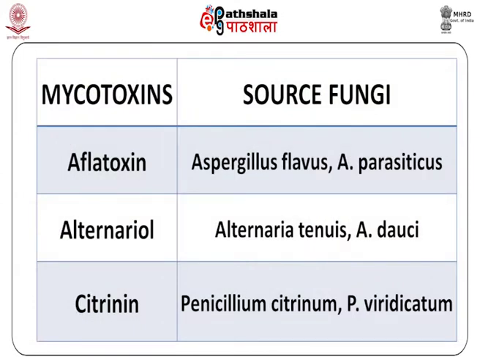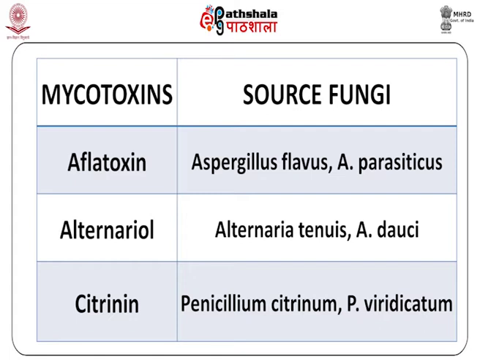In this table, we have shown some of the naturally occurring mycotoxins. On one column, we have the mycotoxins and on another column, we have shown the source of fungi. Starting with aflatoxin, the source of fungi is Aspergillus flavus or A. parasiticus. Next is alternariol.